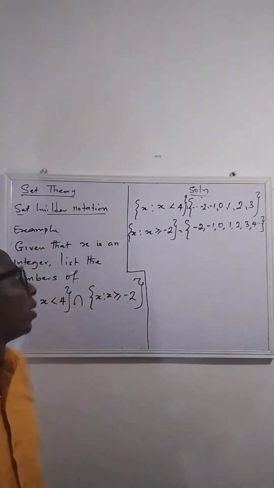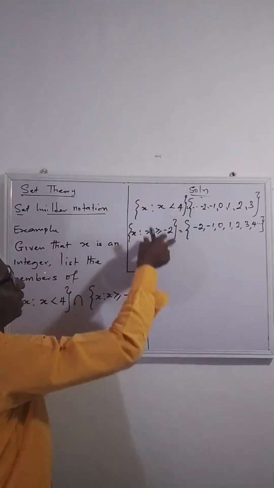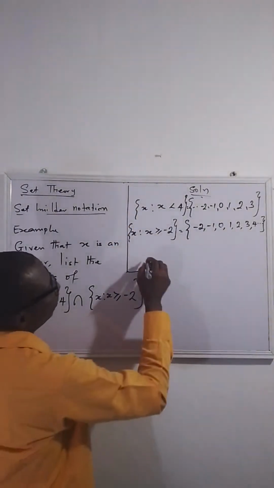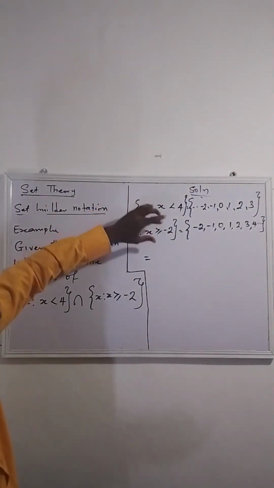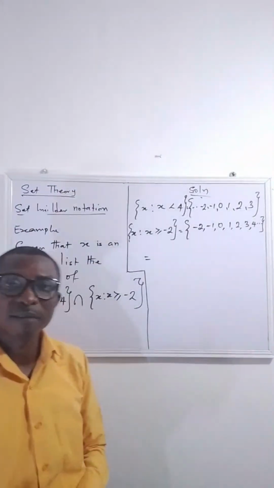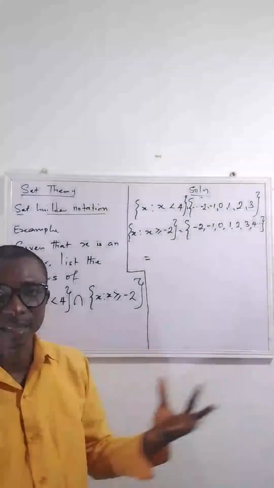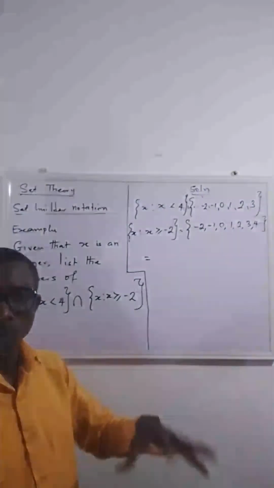Okay, now we can do the operation, intersection. So we are intersecting this and this. So what is going to be our answer now? Now I told you the last time, when you are finding the intersection of two sets, we are looking for those elements that are inside the two sets.